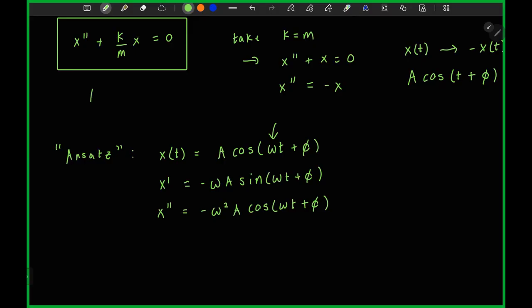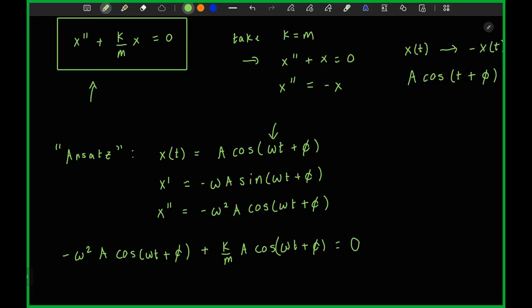So for x double prime, we have negative omega squared A cos omega t plus phi, plus k over m times my original x of t, which is A cos omega t plus phi. Set all of that equal to 0 because that is what our differential equation says.